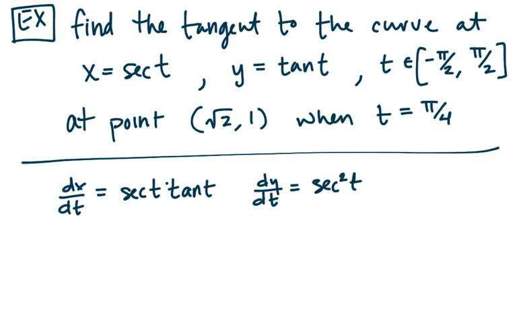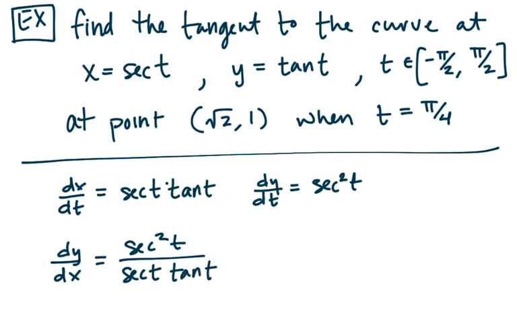So that means, now that I know the derivative of each, the derivative of y with respect to x is going to be the ratio of those, which is secant squared t over secant t tangent t. And that simplifies by canceling a secant to secant t over tangent t. So that represents my first derivative, dy/dx.